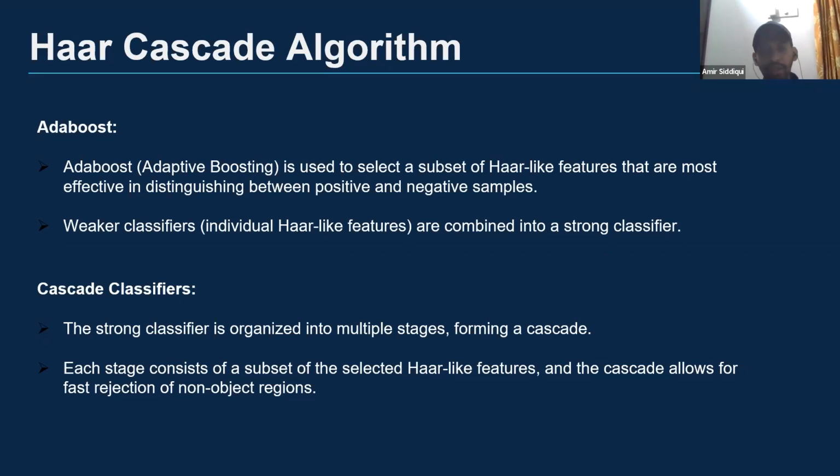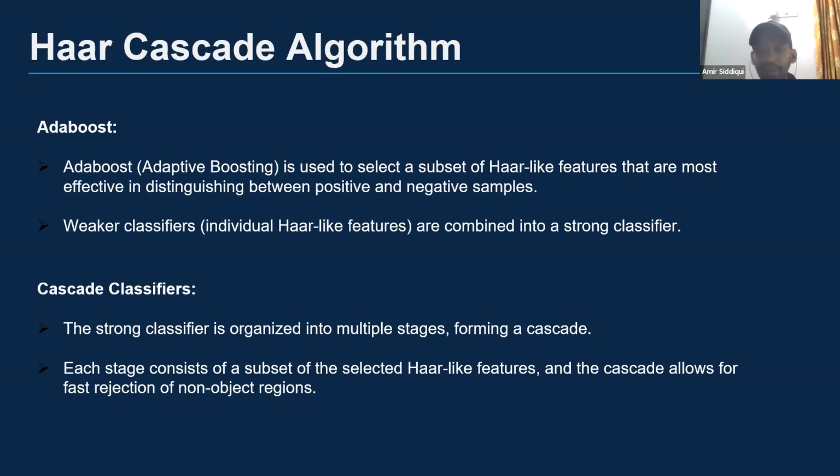This is nothing but a boosting algorithm, and the full form is adaptive boosting. You can use this to select a subset of features that are most effective or helpful in distinction between the positive and negative samples.